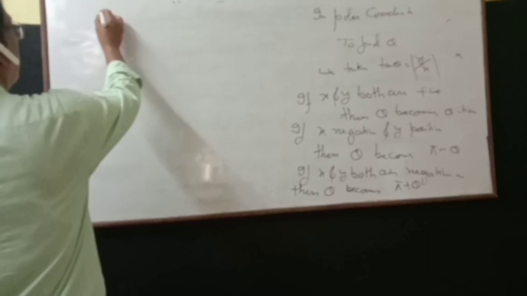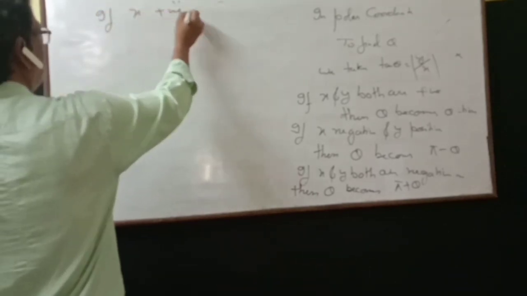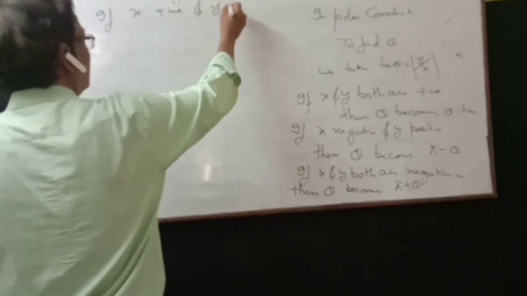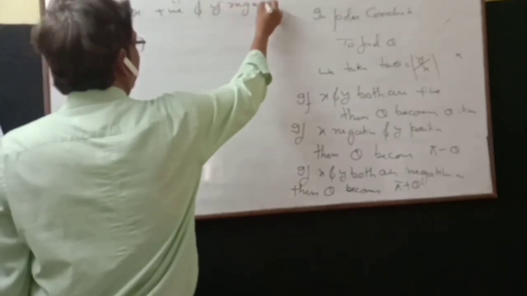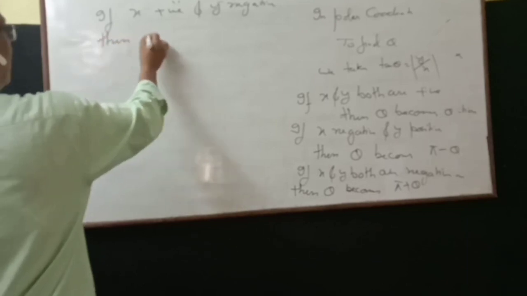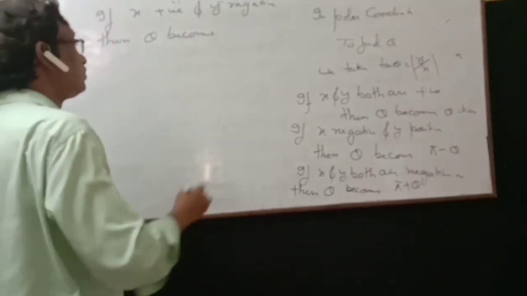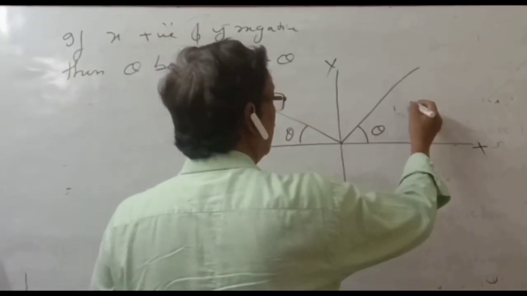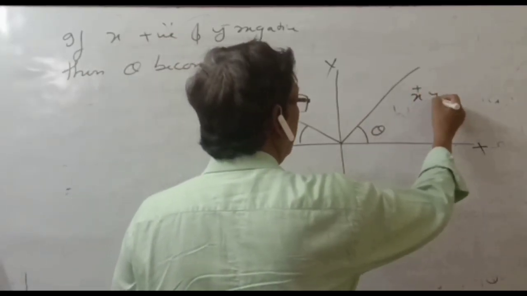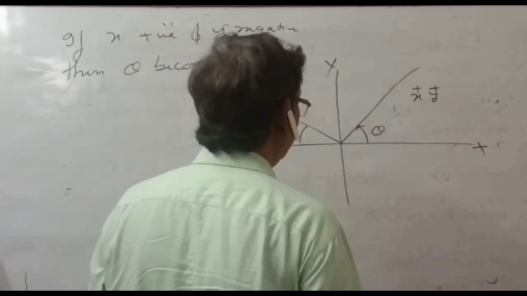If x is positive and y negative, then theta becomes minus theta.